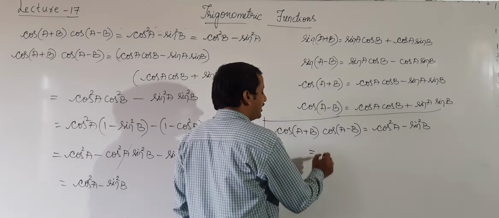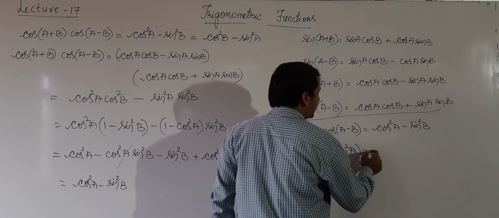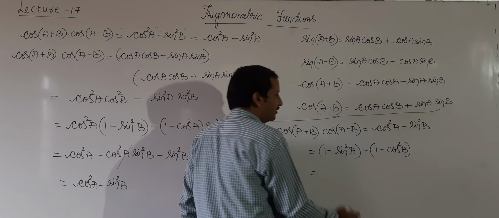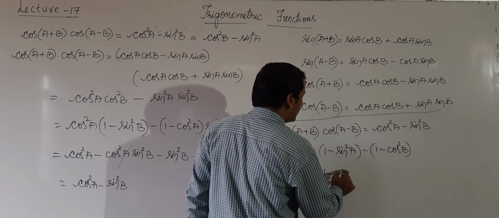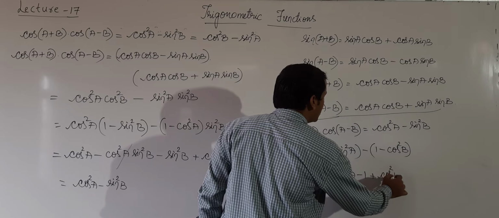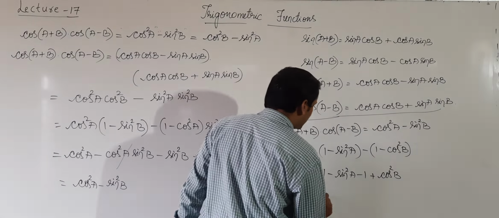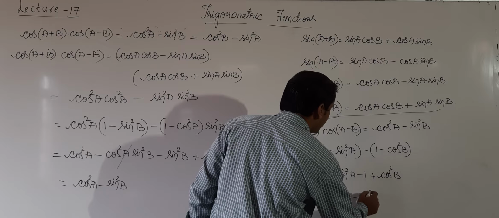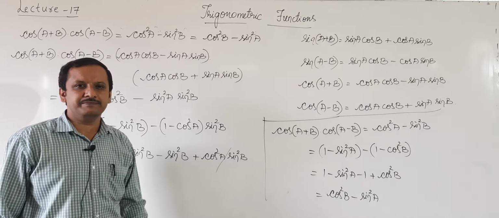I will write cos square A as 1 minus sin square A, and sin square B can be written as 1 minus cos square B. So this is equal to 1 minus sin square A minus 1 plus cos square B. Okay, 1 gets cancelled. So that's equal to cos square B minus sin square A.